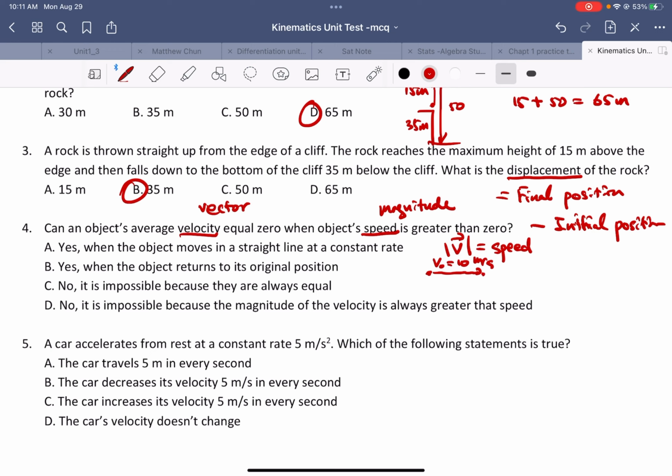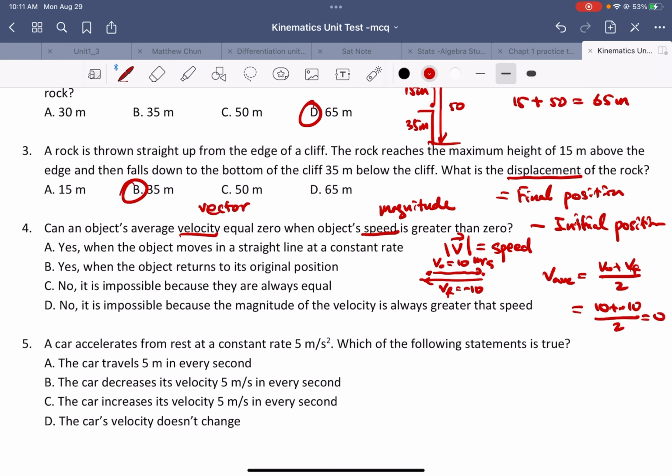So this one stops and then goes back all of a sudden. So then V final is negative 10. Your average velocity means V initial plus V final divided by 2. But this one is 10 plus negative 10 over 2. So it will be 0.